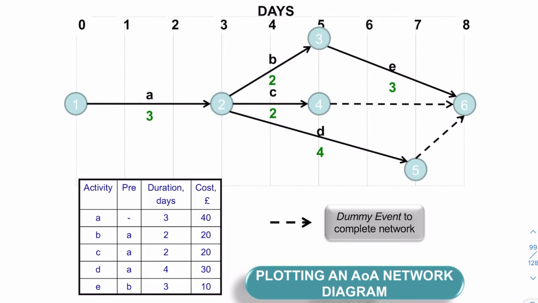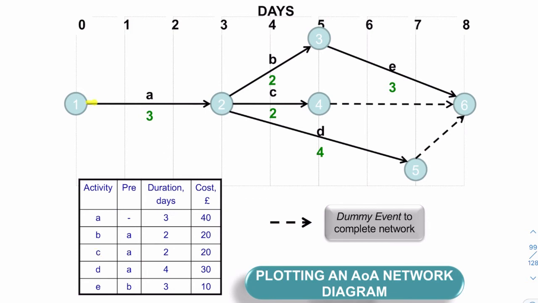So let's have a quick look at this diagram. We have a set of activities A, B, C, D, E, and we have precursors or precedents. So A doesn't need anything to have happened before it, but activity B can't happen until A has happened. C can't happen until A has happened.